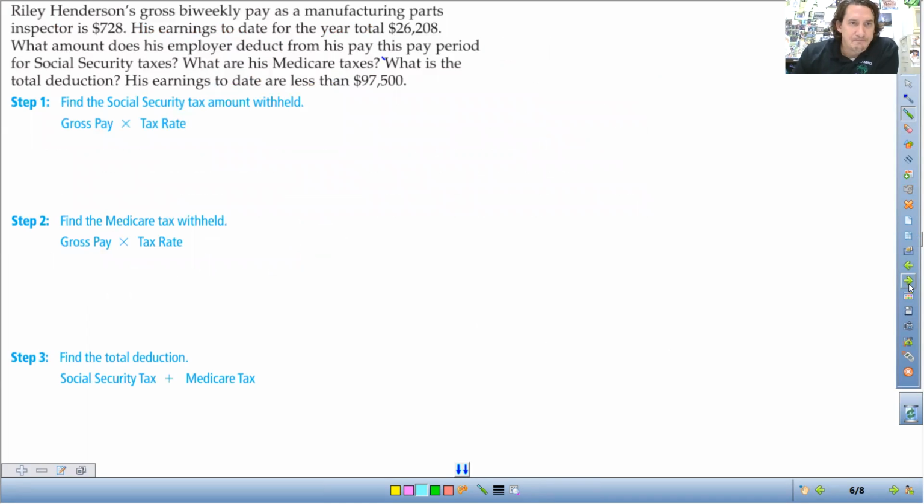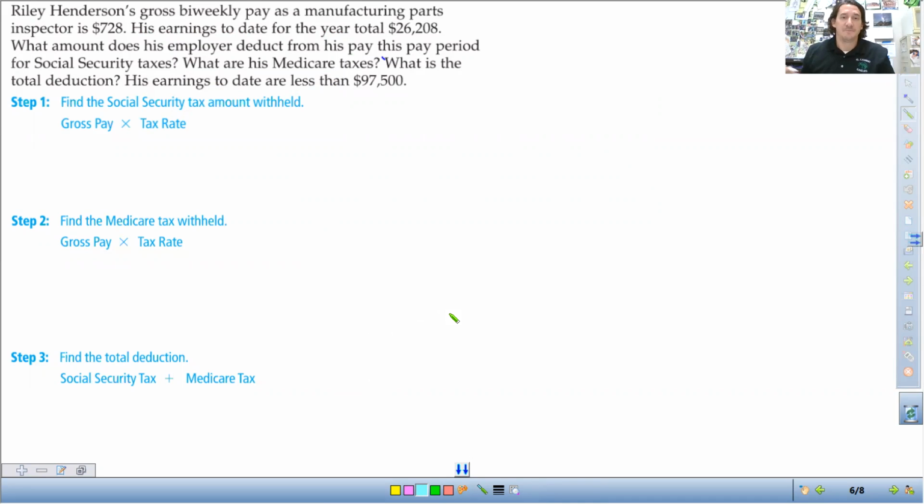Ricky Henderson, his gross biweekly pay as a manufacturing parts inspector is $728. His earnings to date for the year is $26,208. What amount does his employer deduct from his pay period for Social Security taxes, and what are his Medicare taxes?